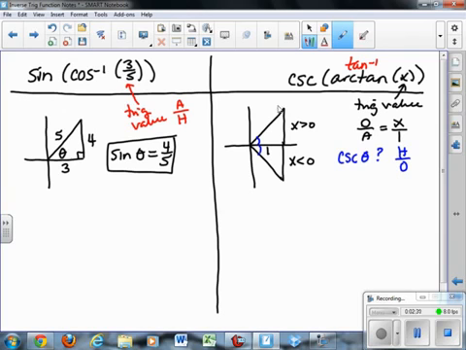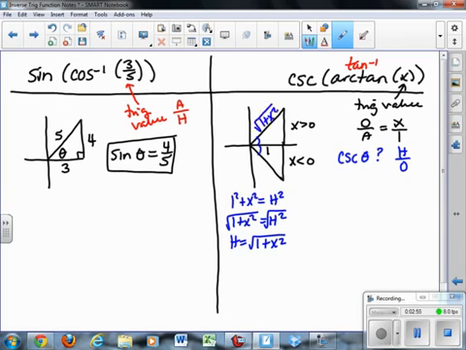Just like if we were dealing with numbers, I need to use the Pythagorean theorem. So 1 squared plus x squared is equal to the hypotenuse squared, or 1 plus x squared equals the hypotenuse squared. I have to take the square root to find the hypotenuse. So the hypotenuse is the square root of 1 plus x squared.